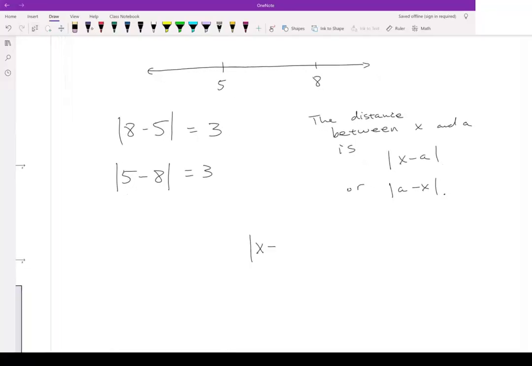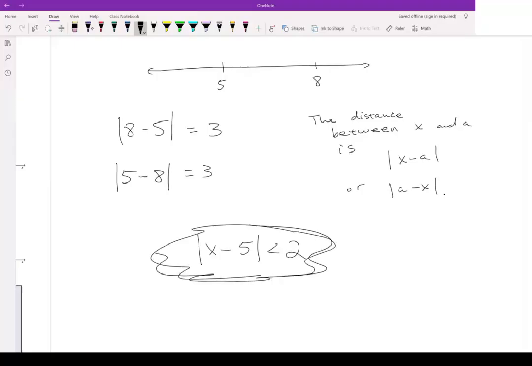Now, what if I write the absolute value of x minus 5 is less than 2? What exactly does that mean? What's a possible number that I can plug in there to make it true? 6. Okay. I can put in 4 also though, right?